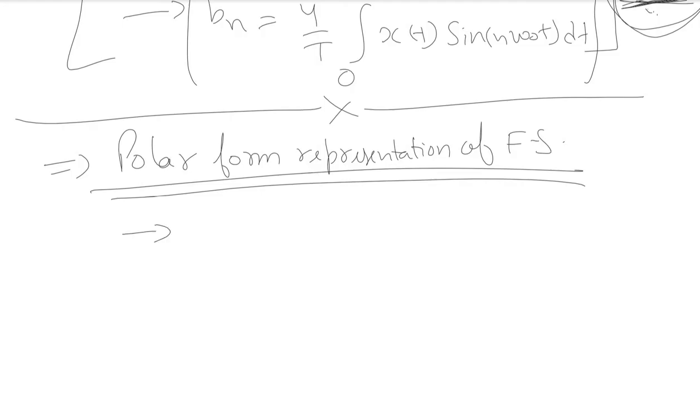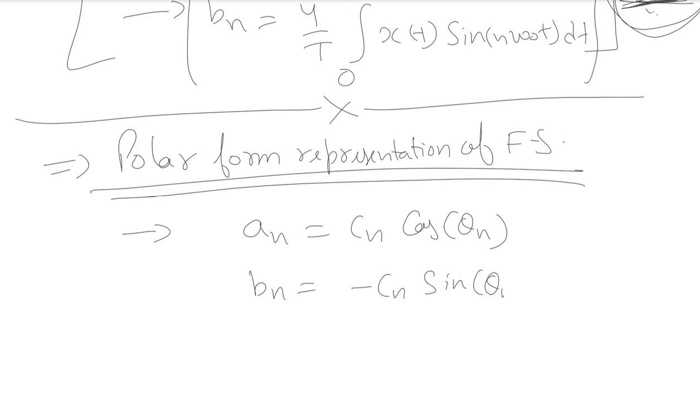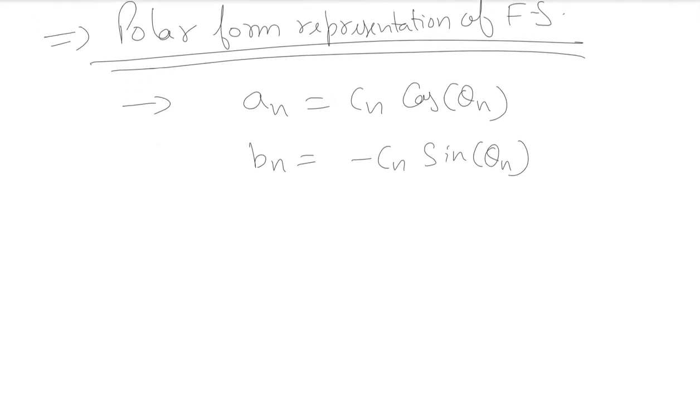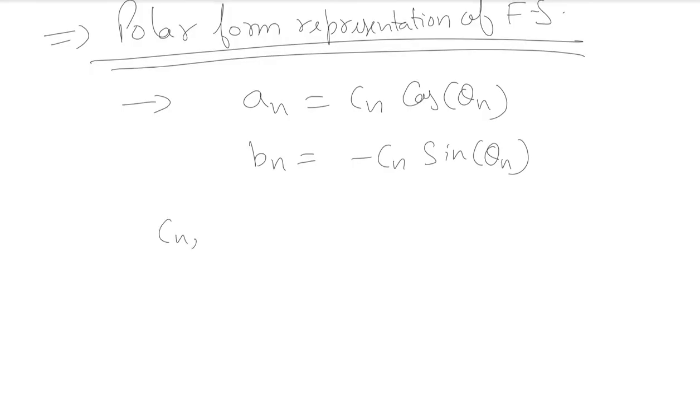Let us have the substitutions, that is an, which is the Fourier series coefficient, replaced by cn cos(theta n), and bn is minus cn sin(theta n). And the cn and theta n are related to an and bn as follows.